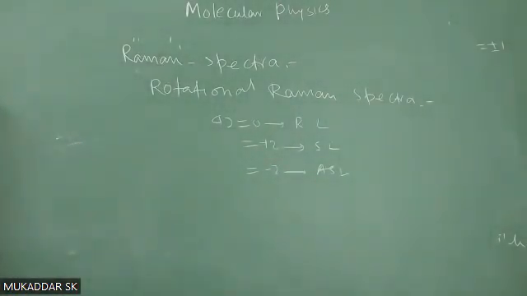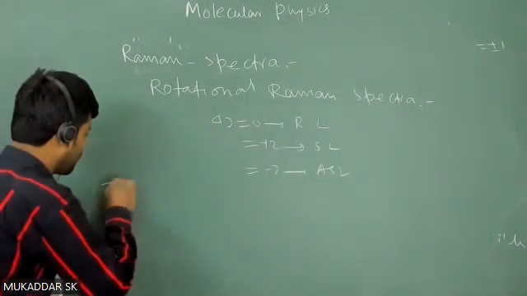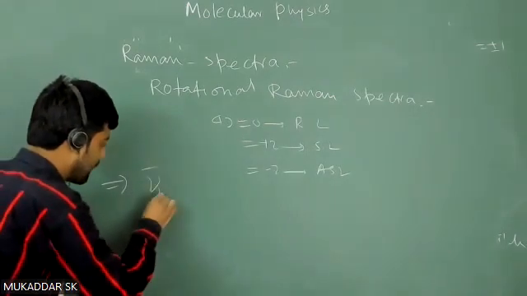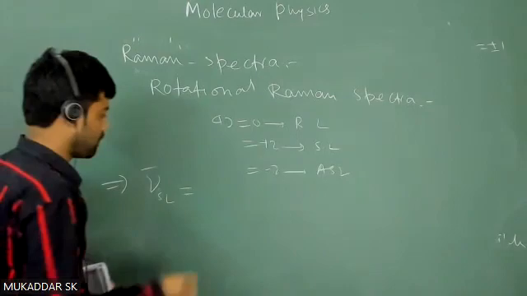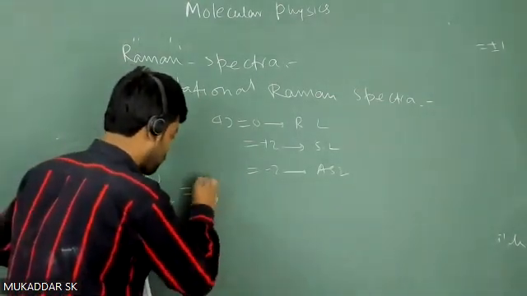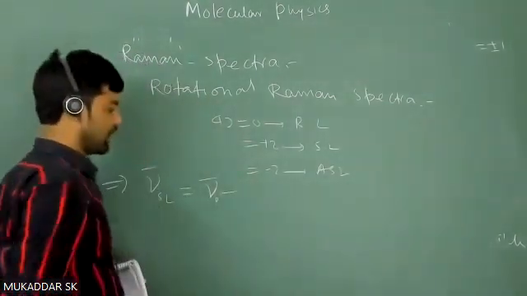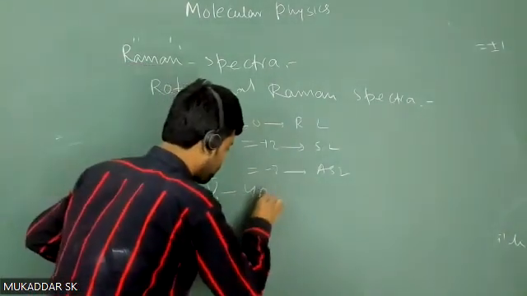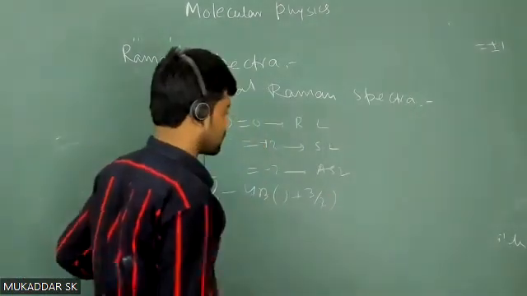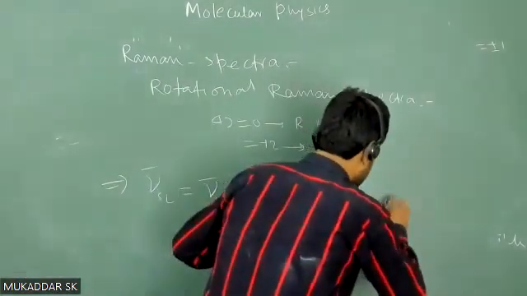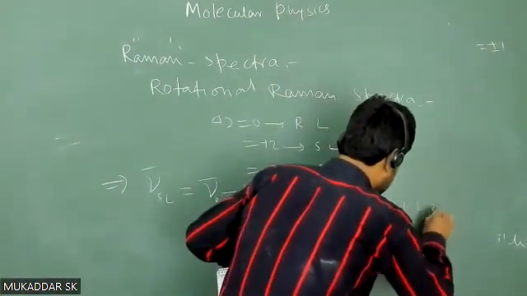That is the selection rule. Now if you see the wave number associated with a Stoke line in rotational Raman spectra, that will be nu 0 bar, location of Rayleigh line, minus 4B(J plus 3/2). Okay, so J can take values 0, 1, 2, 3 and so on.